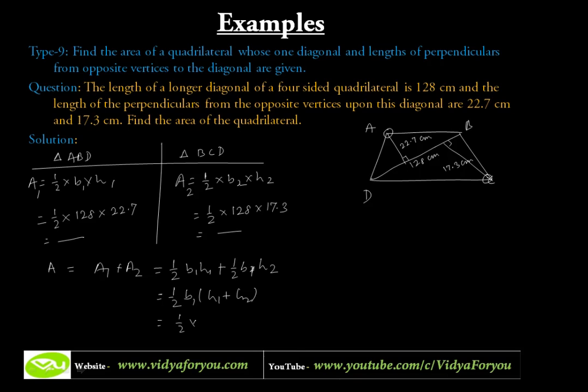Okay, half base is how much? 128. H1 is how much? 22.7 plus 17.3, which is equal to, let's divide it. So this will come as this into, add this and this, 40.